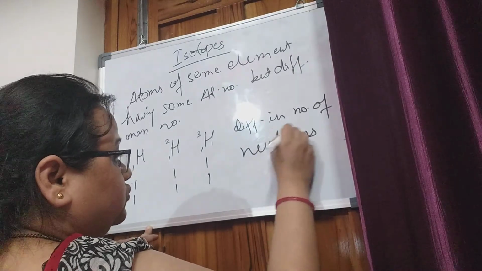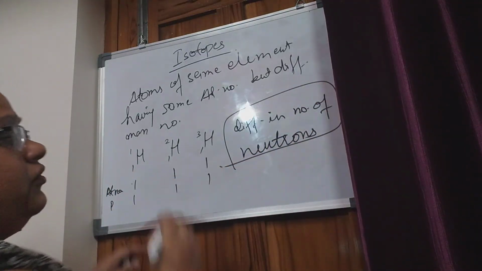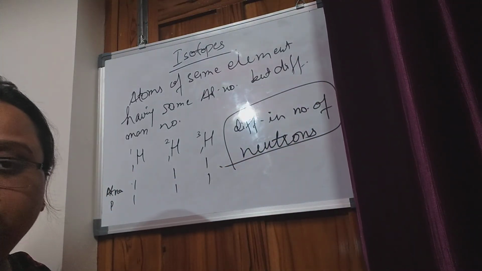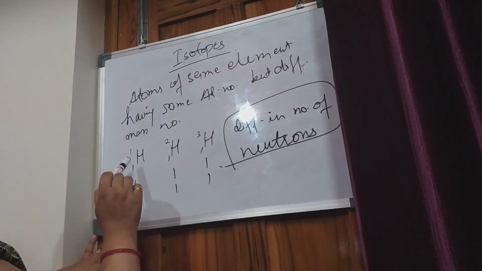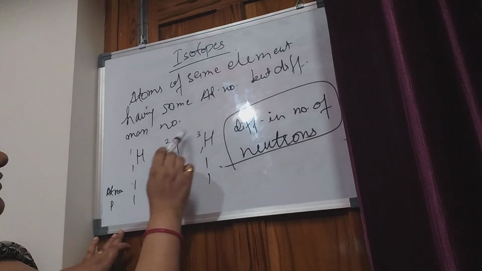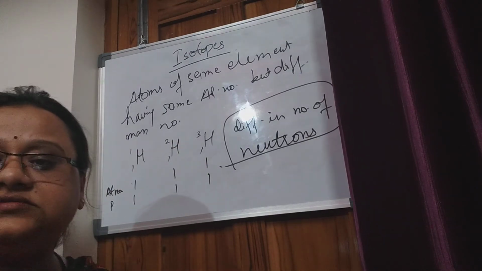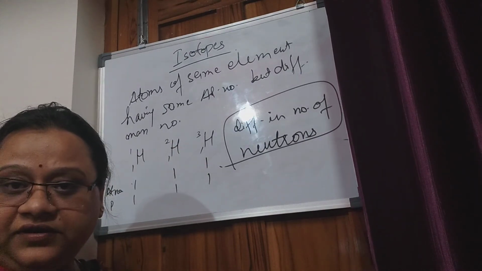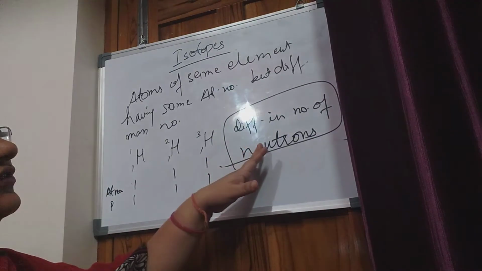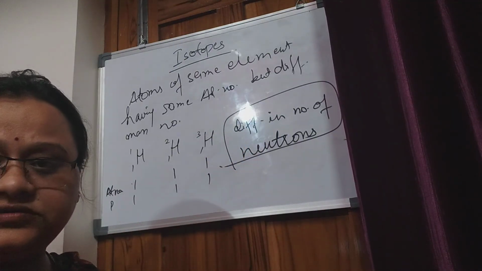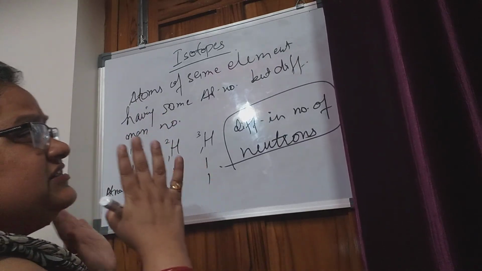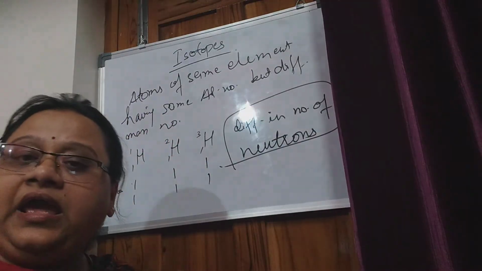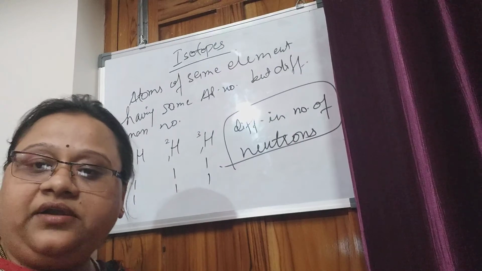In isotopes, the number of neutrons present in the nucleus of an atom is different. Isotopes have the same atomic number but different mass numbers, and the masses of isotopes are different because of the difference in the number of neutrons. Study till this definition only, and the rest of the examples we'll do in our next lecture.